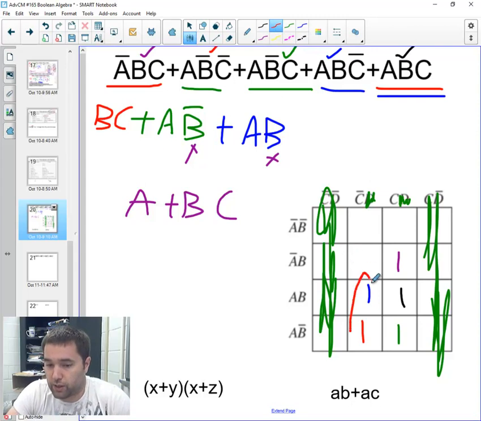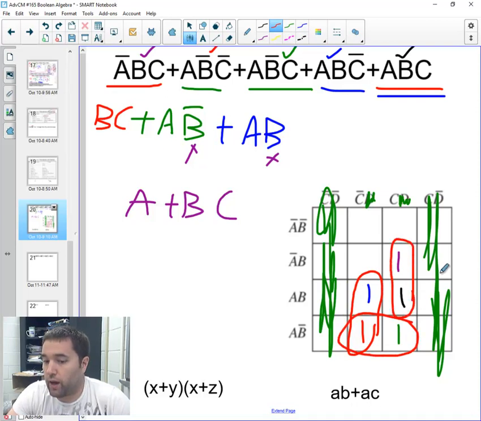Now, watch this real quick. You could have solved it this way to get this. Or you could have solved it this way to get this. Or you could have solved it this way and not been able to simplify anything.